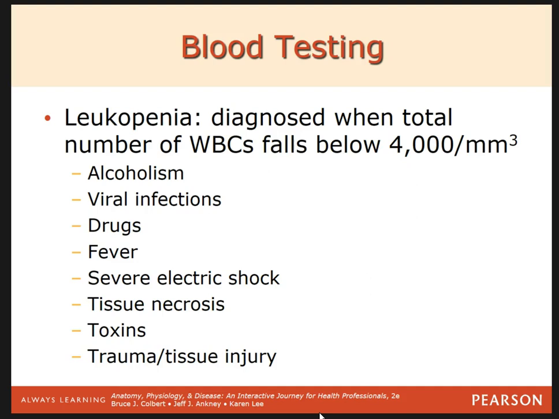Medications, again causing bone marrow suppression, a fever, severe electric shock, tissue necrosis, toxins in the body, and then trauma or tissue injury. So all of those could result in a deficiency of white blood cells.